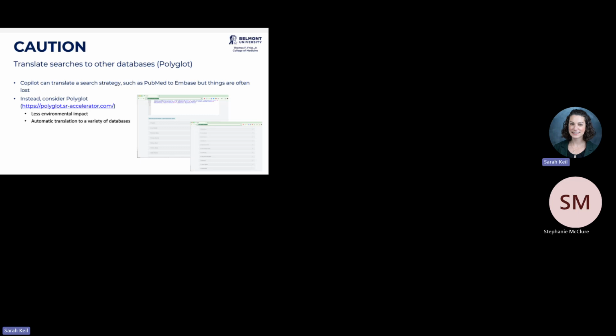Also related to searches, sometimes people want to use Copilot to translate their search strategy. If they're working on a search that they've already done in PubMed, but they want to continue their search in Embase, which uses different search terms, you might want to ask Copilot, can you help me translate my search, rather than taking the time to do that yourself.